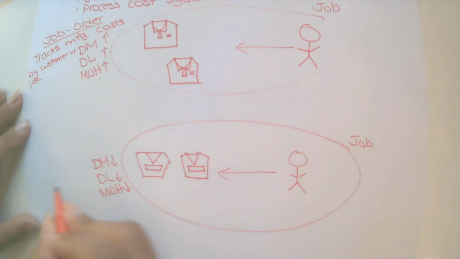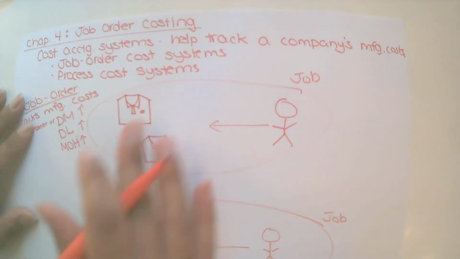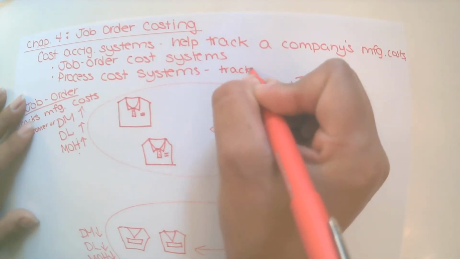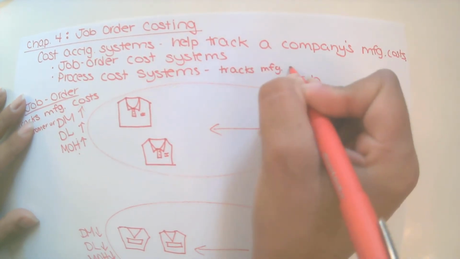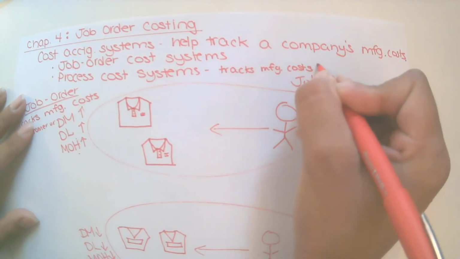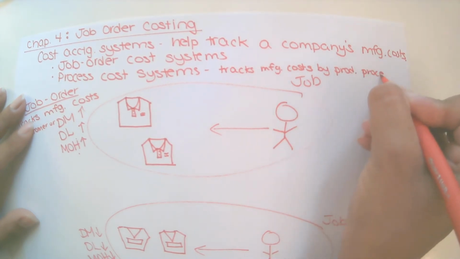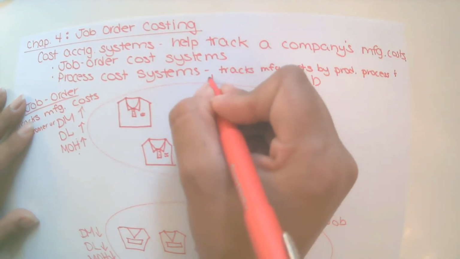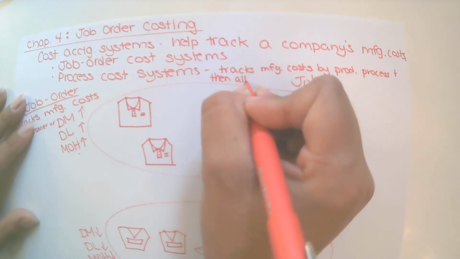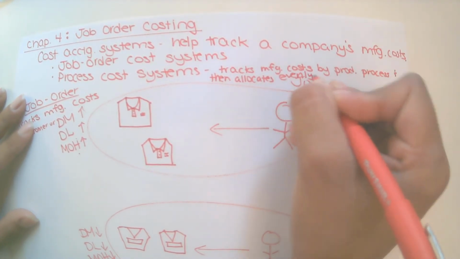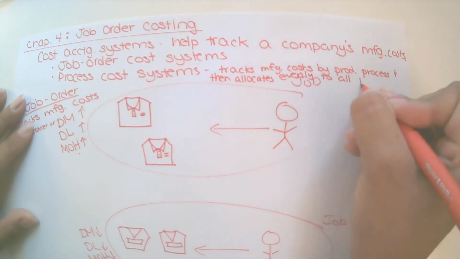Whereas a process system tracks manufacturing costs by the production process, and then allocates the costs evenly to all products.